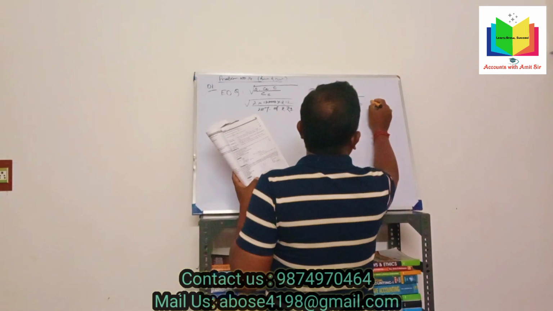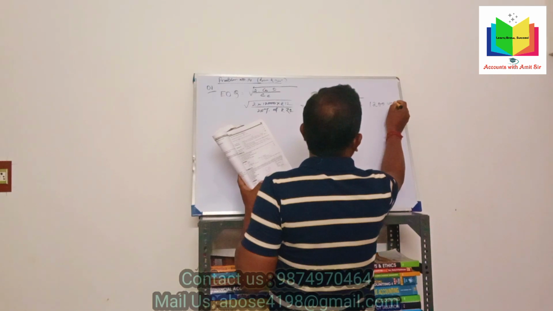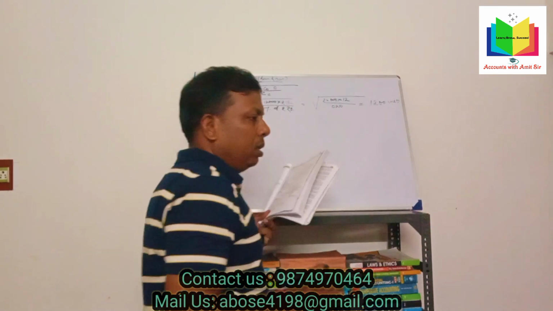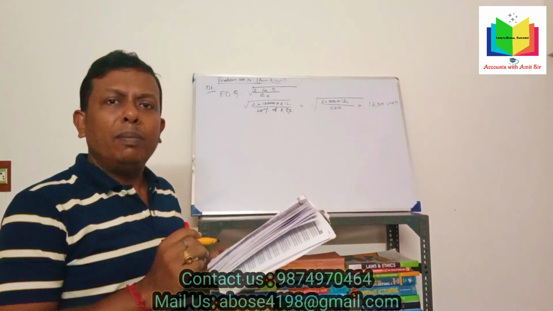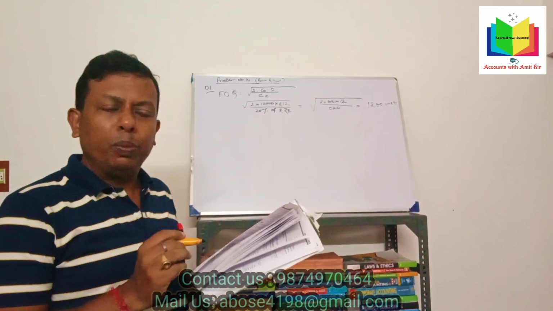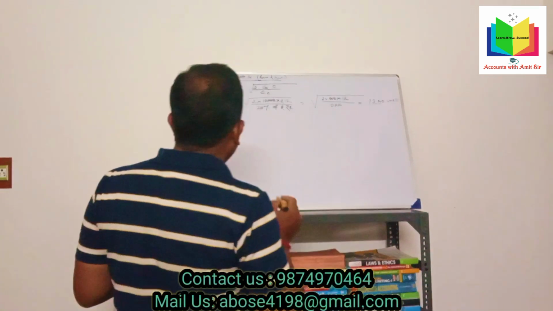That comes to 1200 units. You remember, the EOQ answer always comes in units, not in rupees. So the answer is 1200 units.